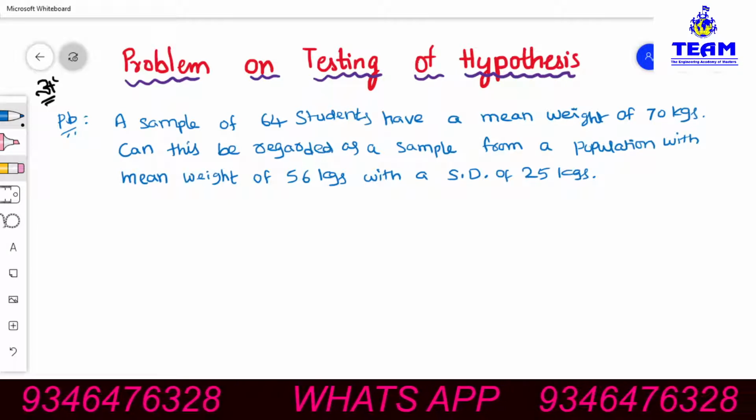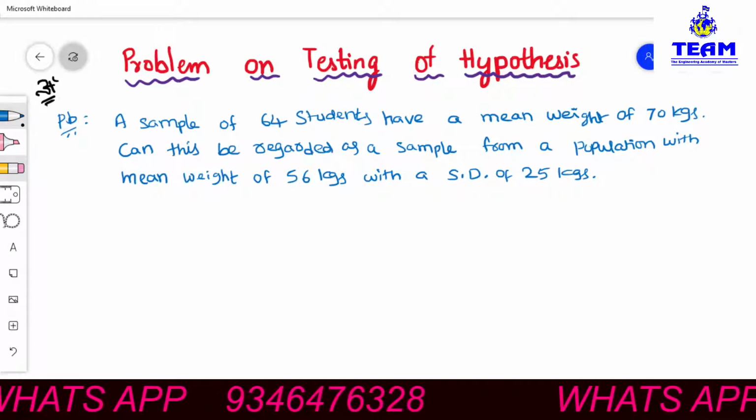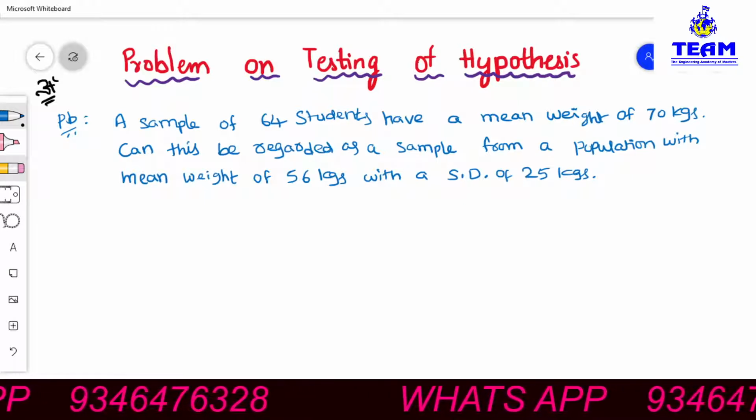From the given data we have the number of students n.